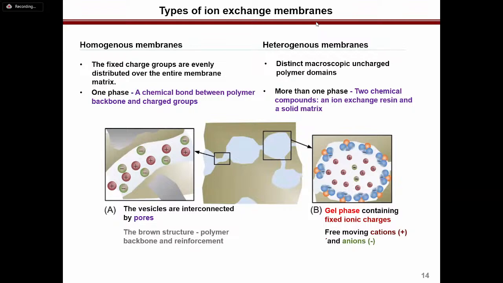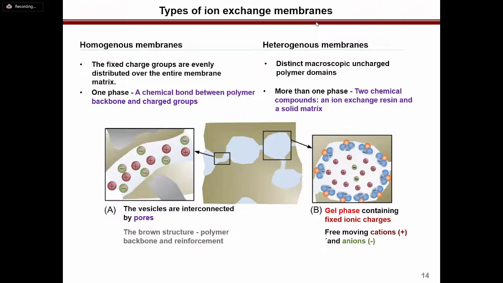There are different models to describe this. It is not really very clear how the ions are transported in the membrane.